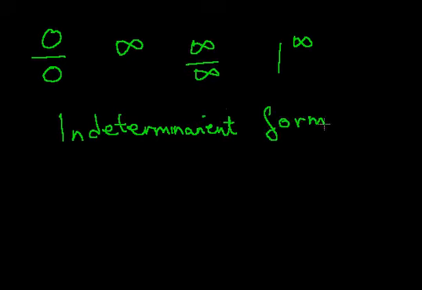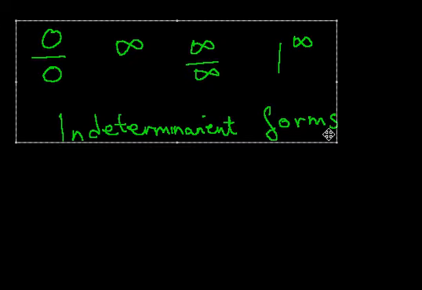And when you end up with an indeterminate form, you need to use some different approach to solve them, because substitution just doesn't work when you do that. So let's try one of these problems that we end up with 0 over 0 or something like that.